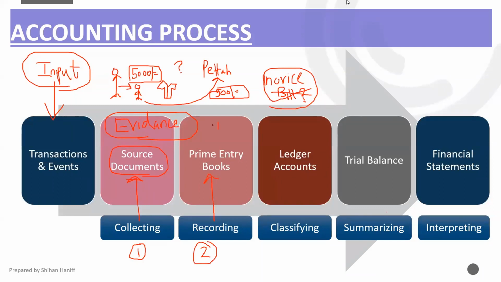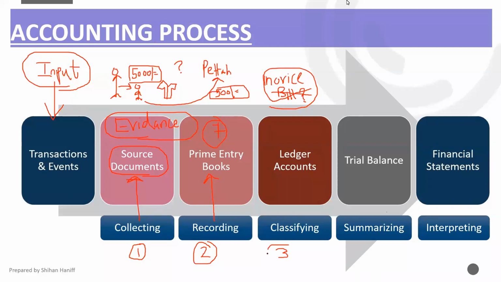Mainly we learn 7 important prime entry books: cash book, petty cash book, the sales, purchases, return inward and return outward day books, and the general journal.